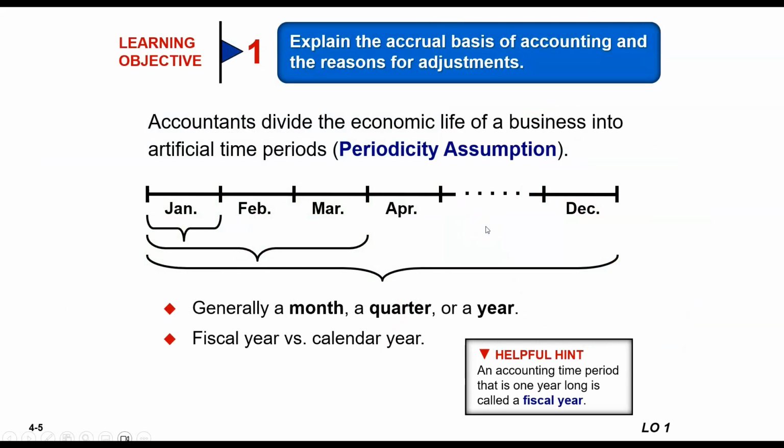Now, the other really important principle in this chapter is called the periodicity principle or the time period principle. And it says, okay, for your income statement, we're always going to look at that accounting information in terms of chunks of time. So if we're thinking about our revenues and expenses, it's what revenues or expenses did we earn in the month of January?